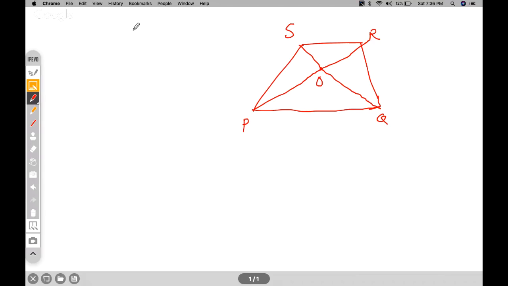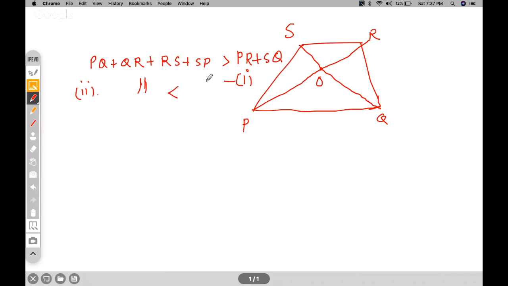You have to prove that PQ plus QR plus RS plus SP is greater than PR plus SQ. This is the first theorem that you have to prove. And the second theorem that you have to prove is the same thing: PQ plus QR plus RS plus SP is less than 2 times PR plus SQ. Just try to prove it.